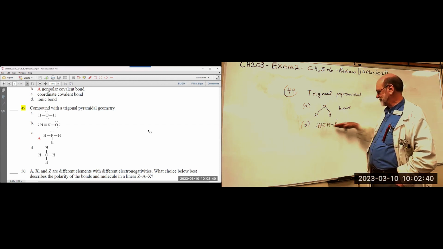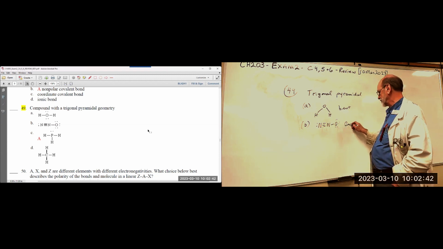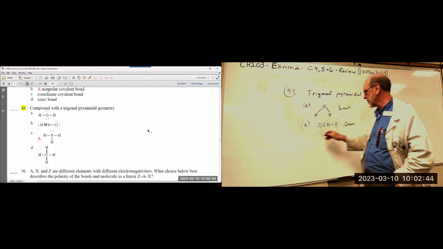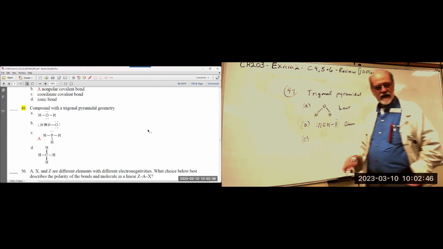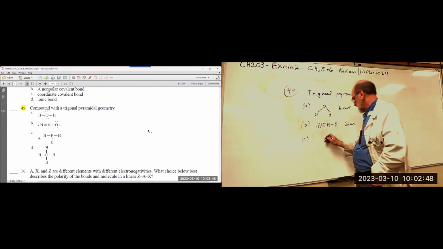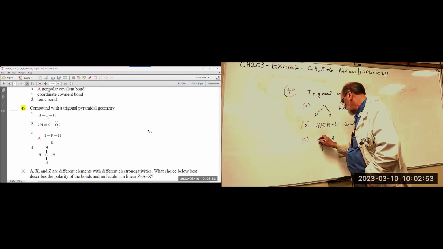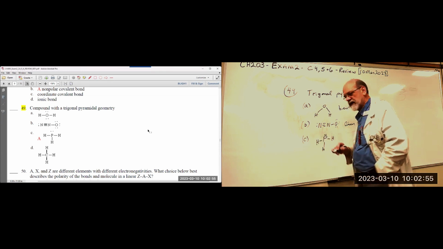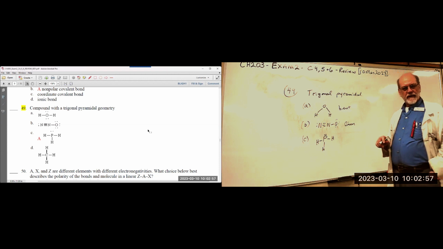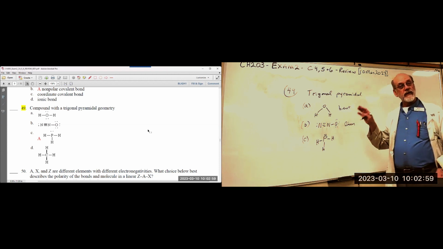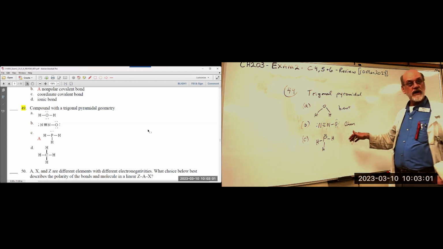That's linear. Okay. How about C? Let's see. P, H, H, H, and a lone pair there. So if we got at this one by going through the electronic geometry, what's the electronic geometry here?